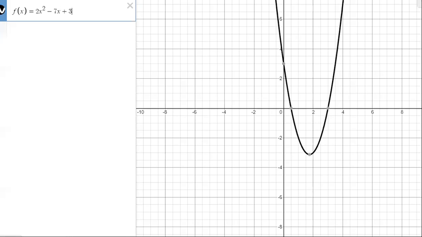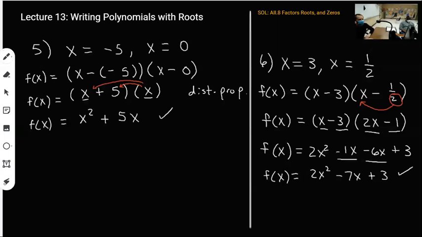Where does it cross the x-axis? It crosses at 2 points, right? 0.5, which is 1/2, and positive 3. So 3 and 1/2 should be our roots, or zeros, or x-intercepts, right? So going back, yeah, we had 1/2 and 3.